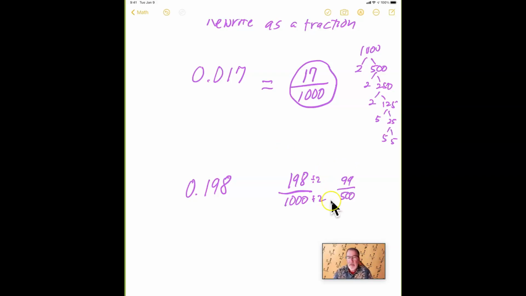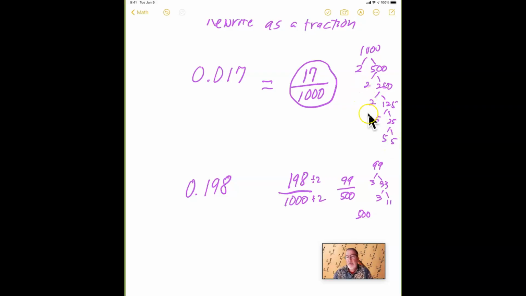And this may be as far as we can go. Let's do a prime factorization of 99. We'll get 3 and 33, and then 3 and 11. So our prime factors for 99 are 3, 3, and 11. Then for the prime factorization of 500, we can just pick it up from before: 2 times 2 times 5 times 5 times 5.